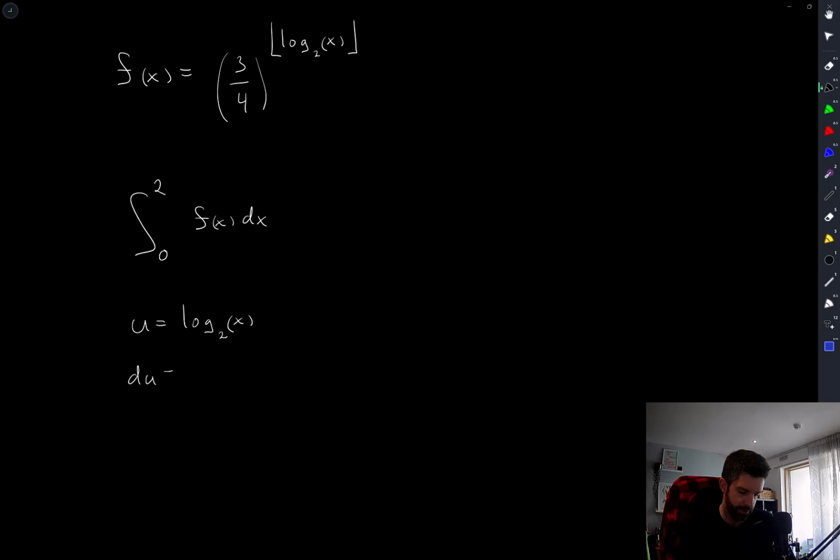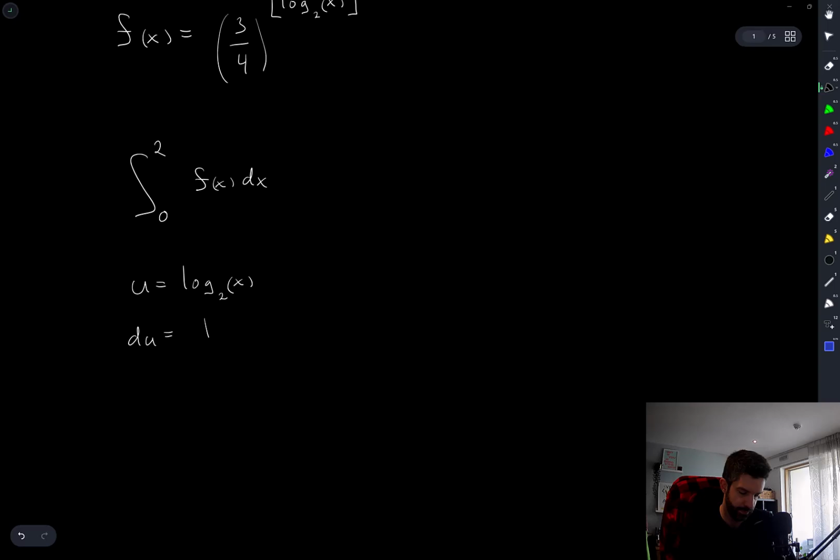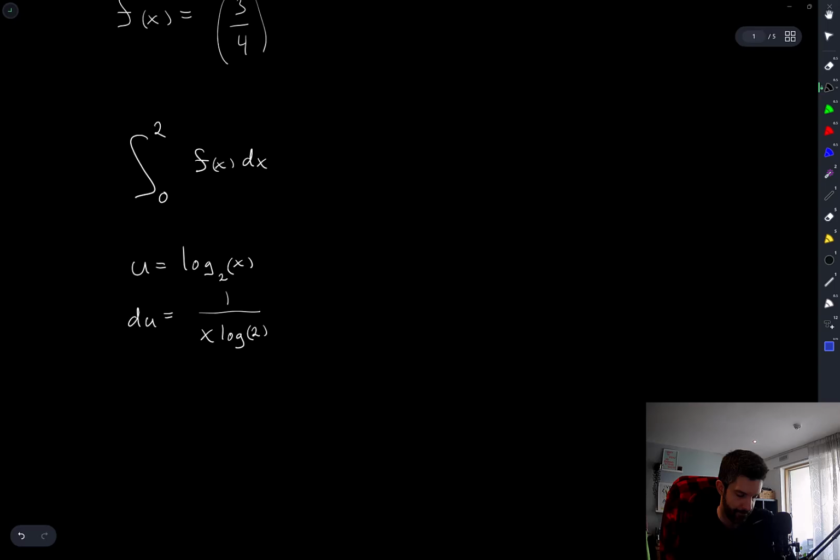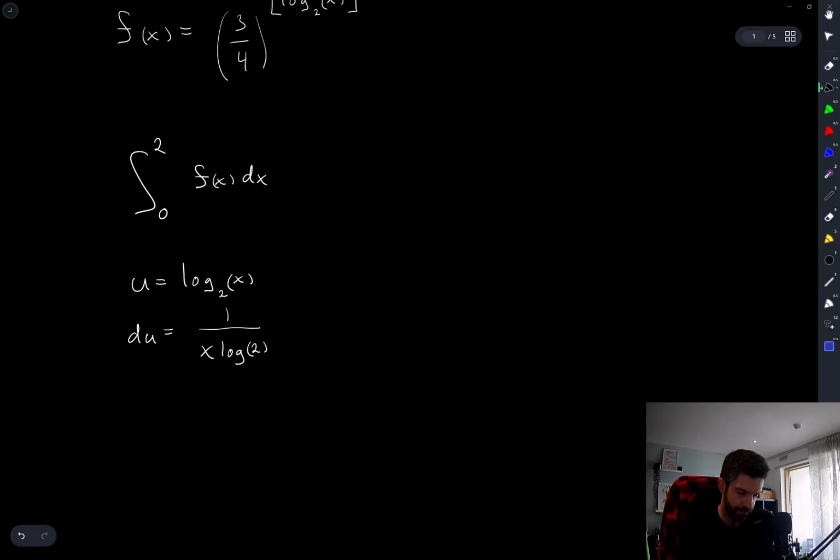So then du is equal to 1 over x, times 1 over natural log of 2, of course. Right, hold on. u is equal to log x over log 2.